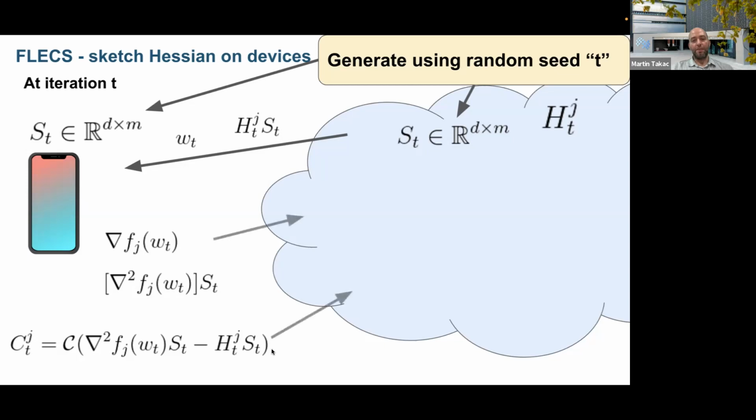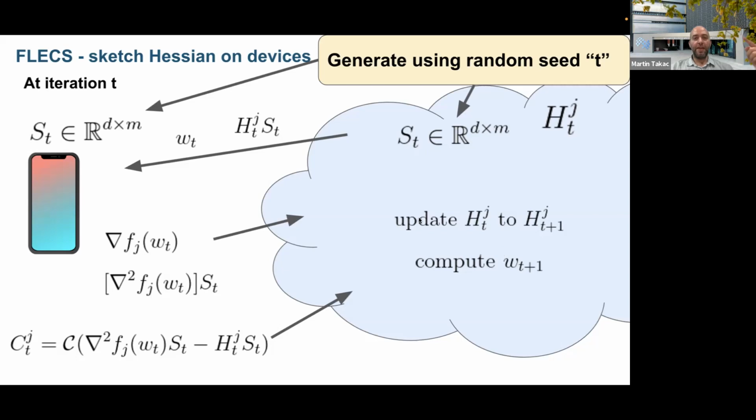Afterwards I send this message to the server, which performs the update. The server updates my estimates of the Hessian, computes the average of the gradients, uses H as a Hessian approximation to compute the Newton step, and then I get the next iteration, W^(t+1).